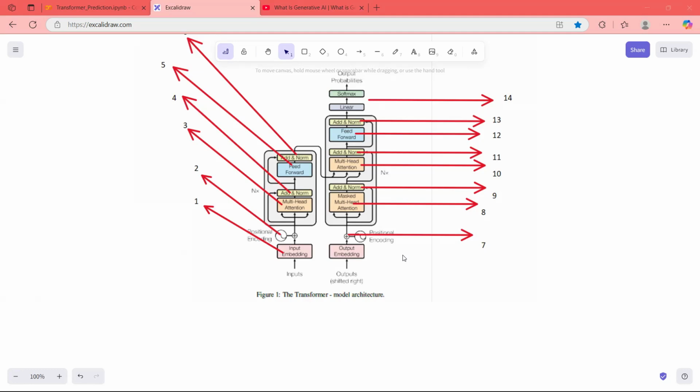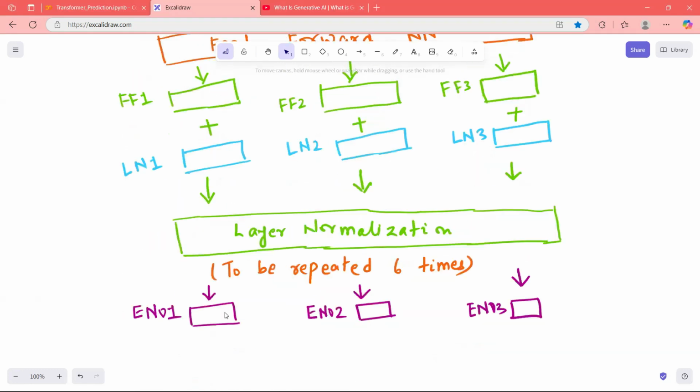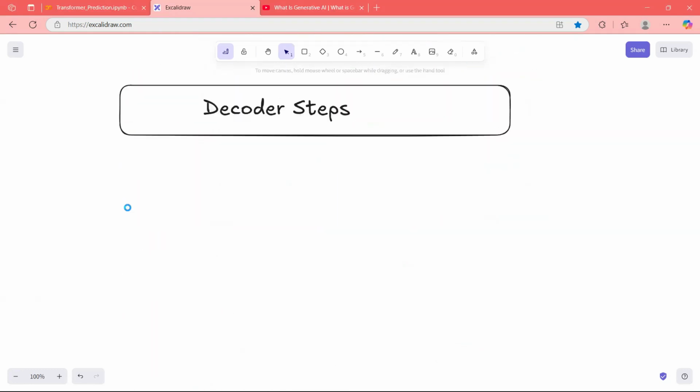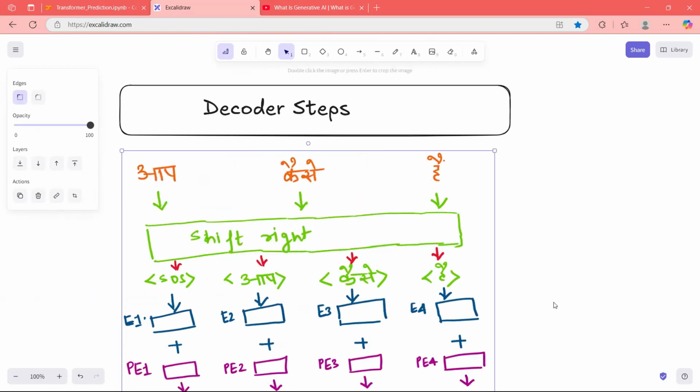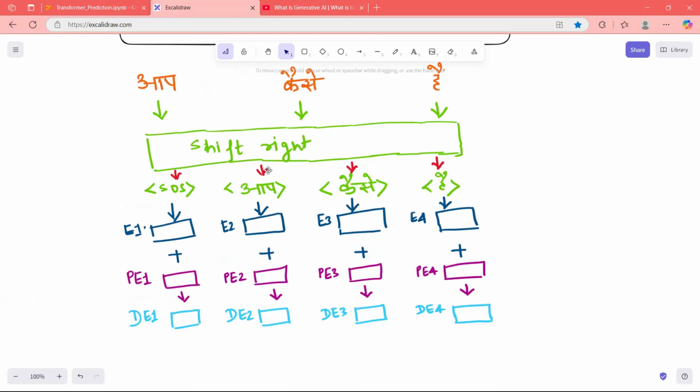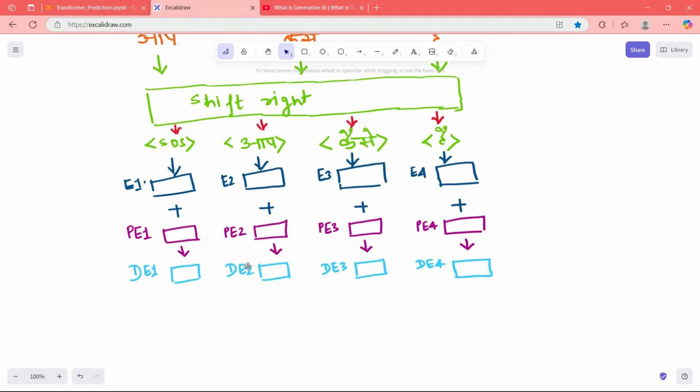You can visualize, right? So basically shift right will come into the picture, and we can put the values here. For example, आप कैसे हैं will be the input. Shift right will come, then start of sentence will come, then embeddings will come, positional encoding will get added, and then decoder embedding 1, decoder embedding 2, decoder embedding 3, decoder embedding 4 will come.